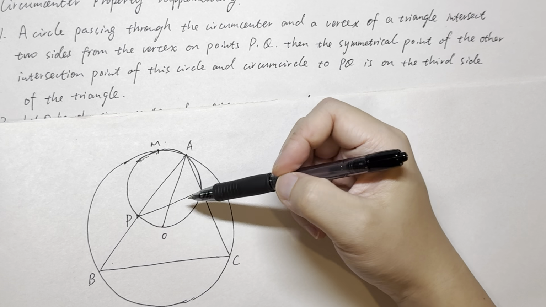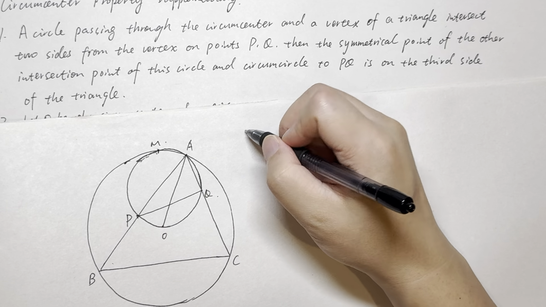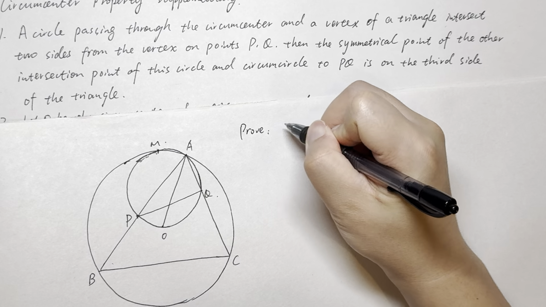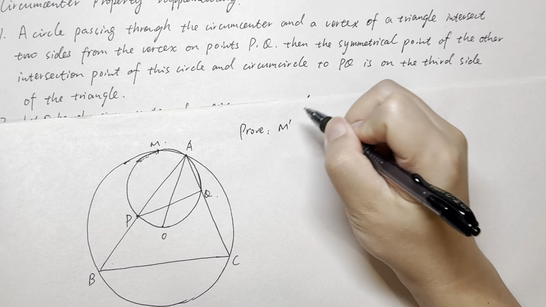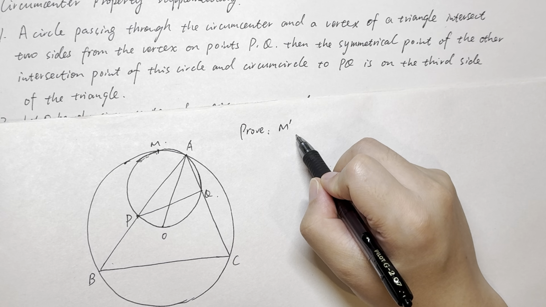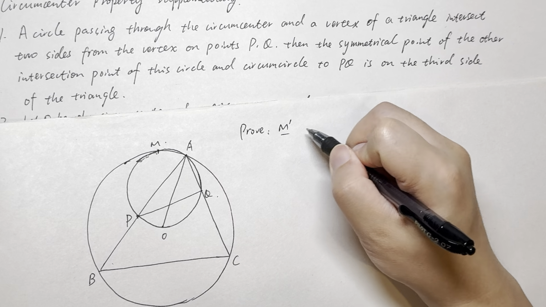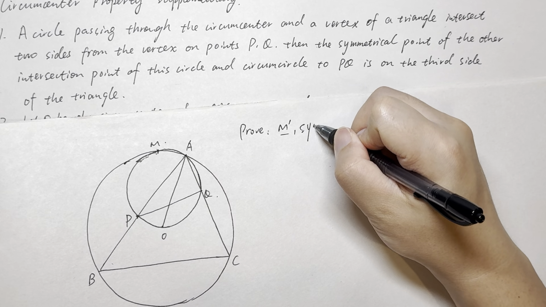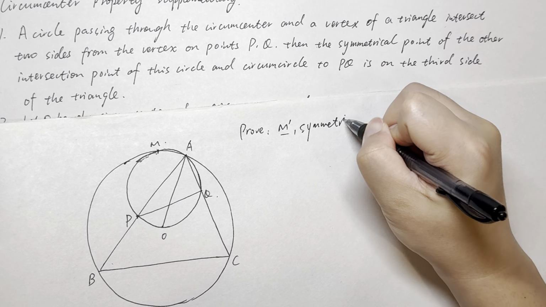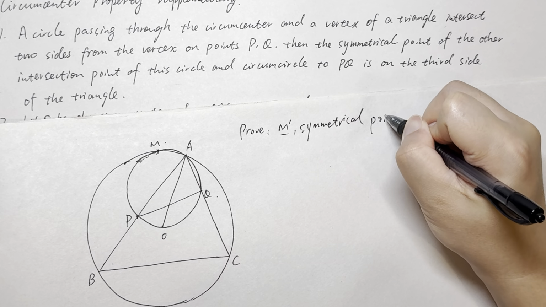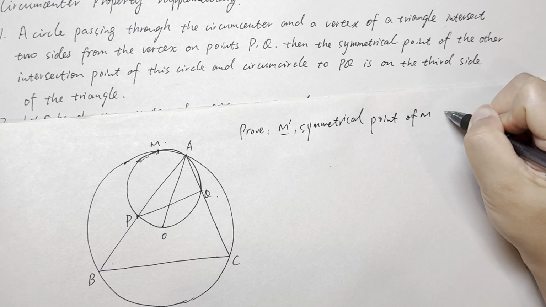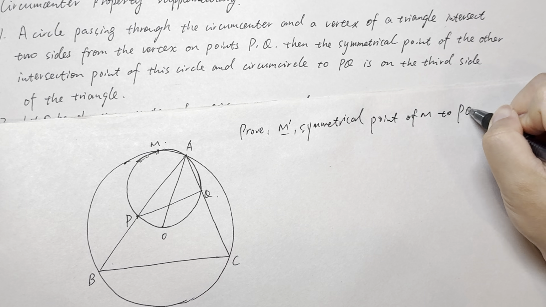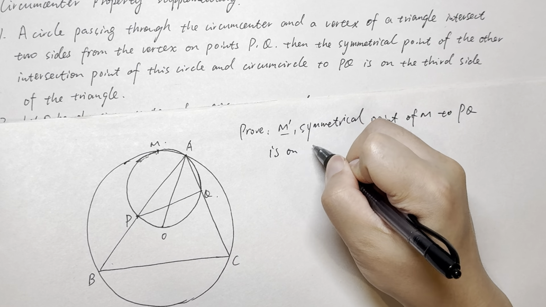So it's basically asking us to prove that the symmetrical point of M, let's call it M prime, to PQ is on BC.